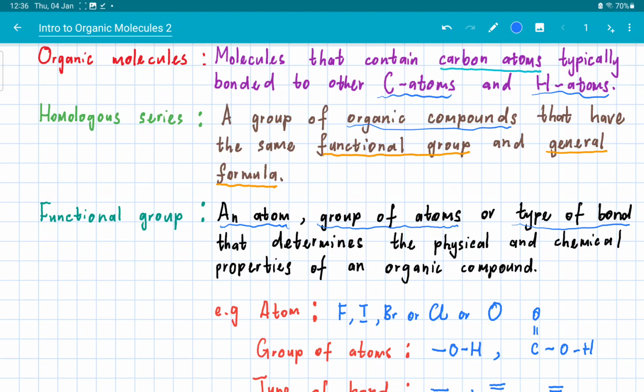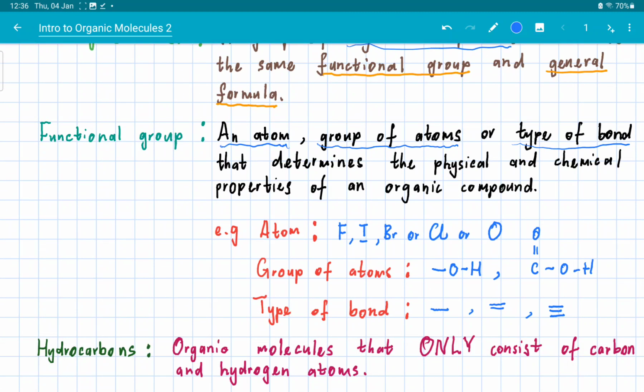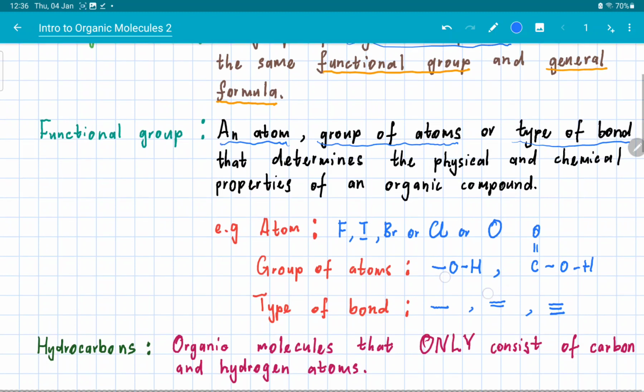However, if there is no cell wall and the organelles belong to an animal cell, it cannot be defined as a plant cell. So if you have fluorine, that will make it a haloalkane. If you have a double bond, that will make it an alkene. But we will explain below.